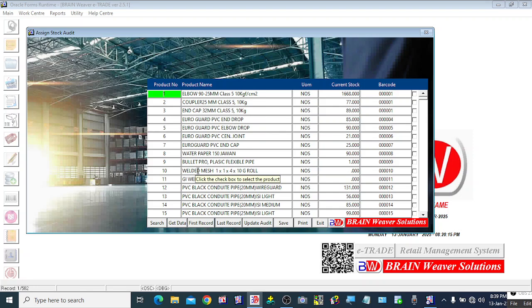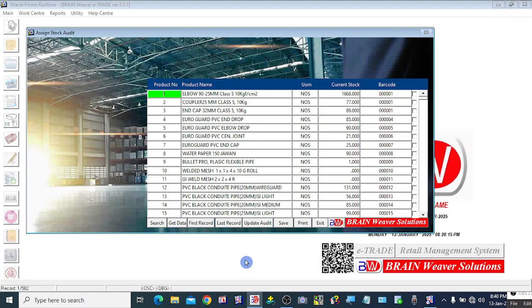Here, Brainweaver's retail management system will allow you to select a few of the suspicious products for random stock audit, and you can instruct your concerned person to check the physical stock of only a few products, how much is there in our store.